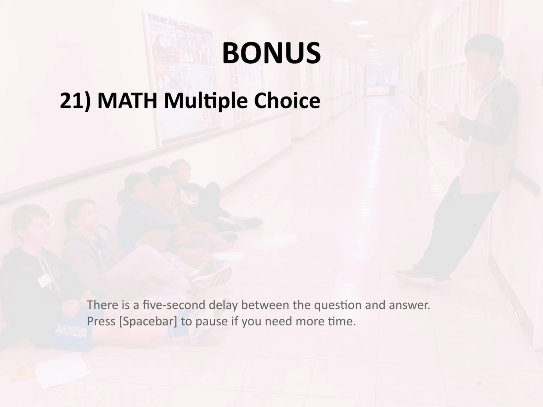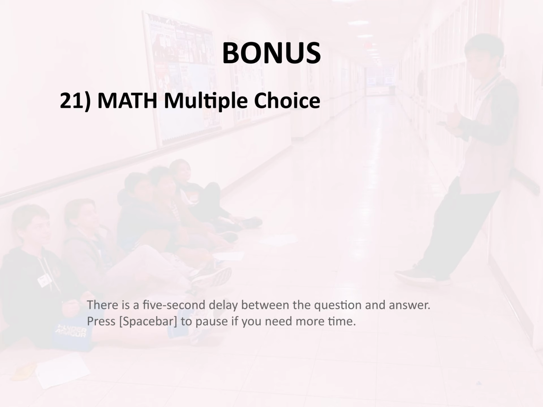Bonus 21. Math. Multiple choice. The tangent line to the graph y equals e to the power of the quantity 2 minus x at the point (1, e) intersects both coordinate axes. What is the area of the triangle formed by this tangent line and the coordinate axes?